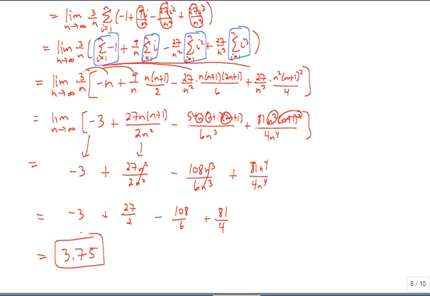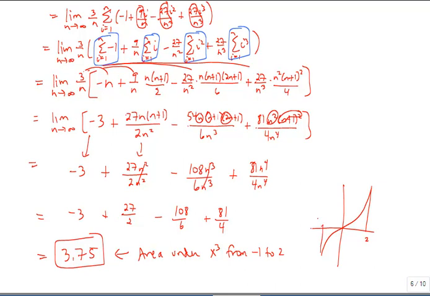So what did we just find here? This represents the area under x cubed from -1 to 2. So remember our picture. That's this shaded area.